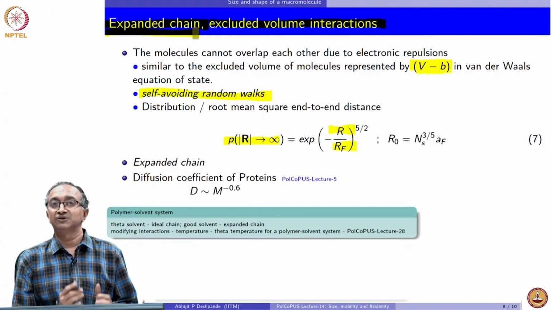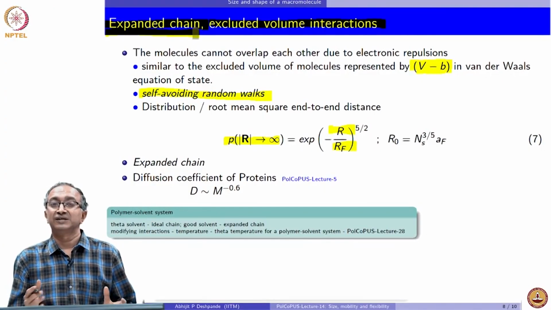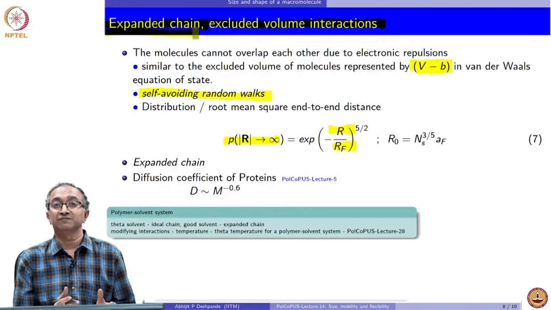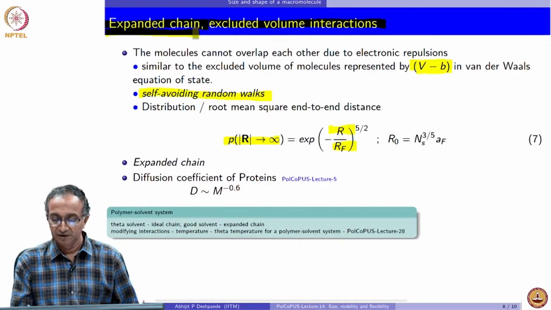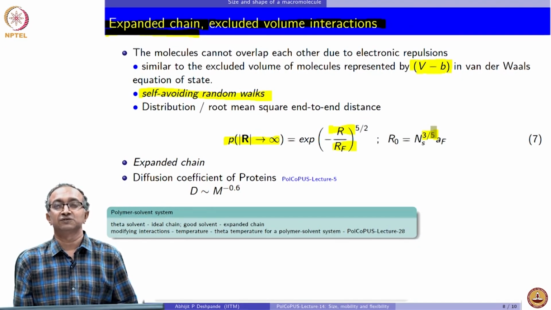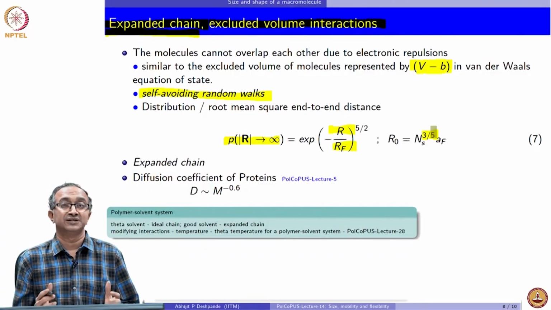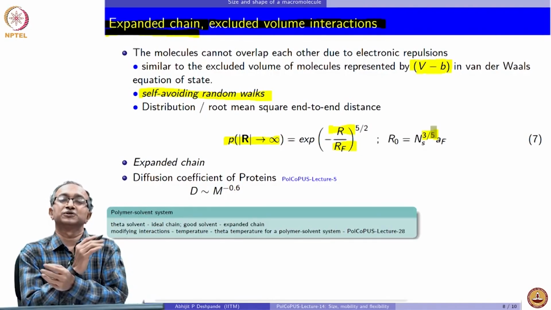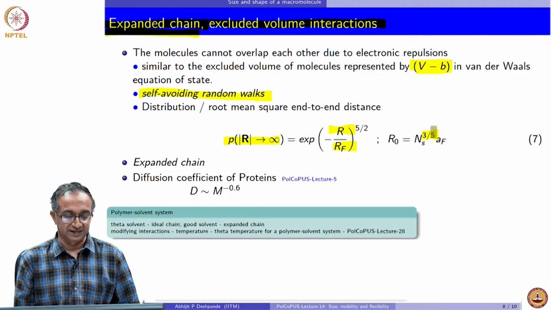What you will see is that on average, the end-to-end distance is much higher in the case of the expanded chain. Also notice, in the case of the ideal chain, the end-to-end distance was proportional to N to the power 0.5. Now it's proportional to N to the power 0.6. So the end-to-end distance is also higher because we are now including excluded volume interactions.